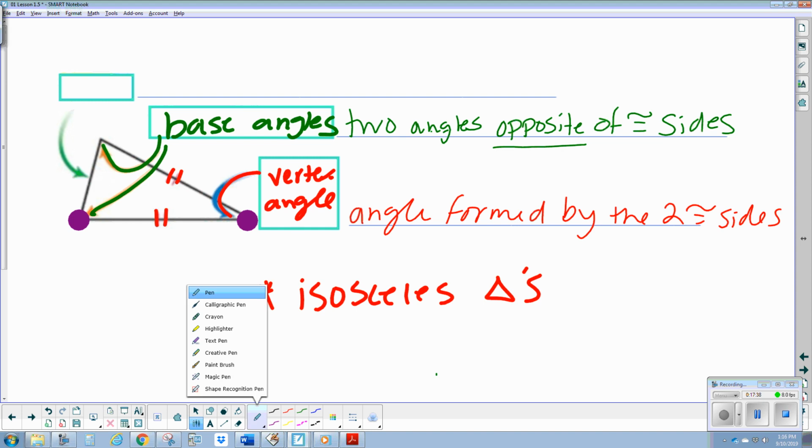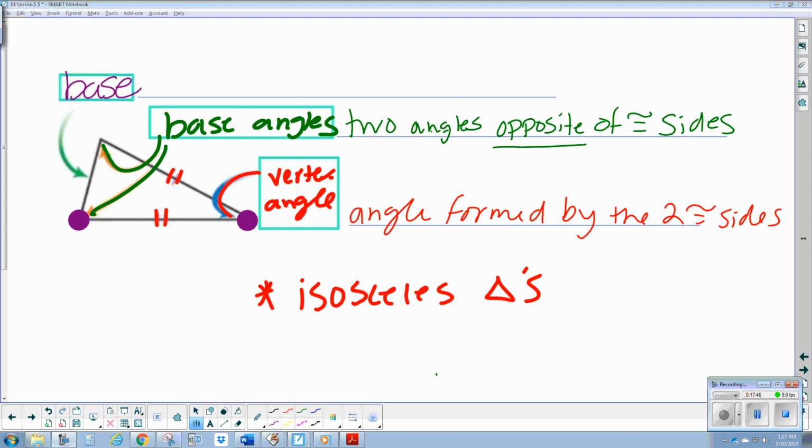Okay, and then the last term is the base. And the base is the side opposite of the vertex angle.